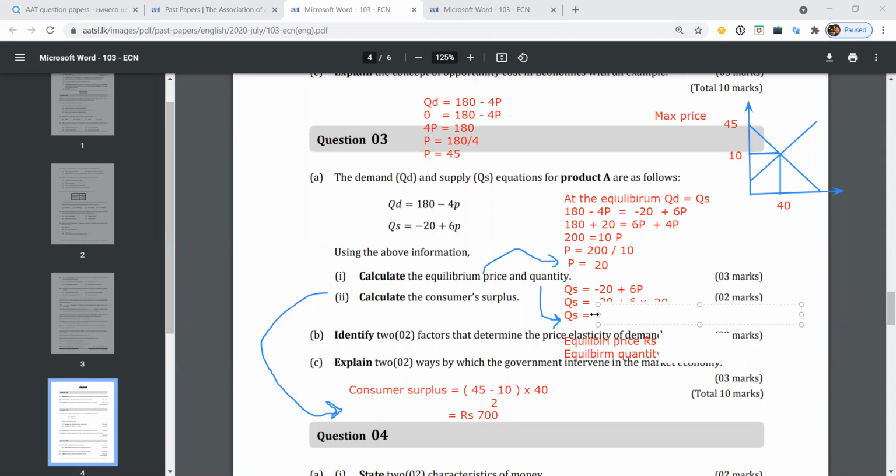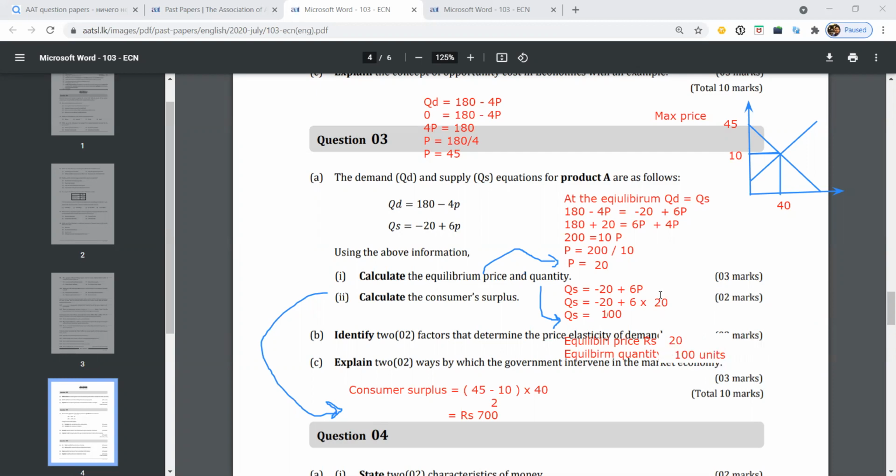This is 120. 100 units. Okay, so price is 20 rupees and the quantity is 100 units.